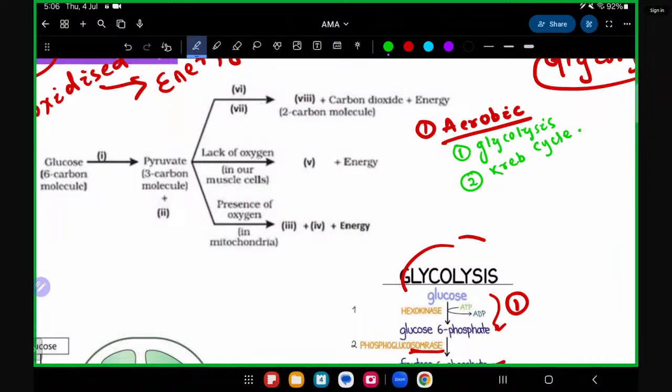Then the third step is the electron transport chain, ETC, which is the oxidative phosphorylation reaction.